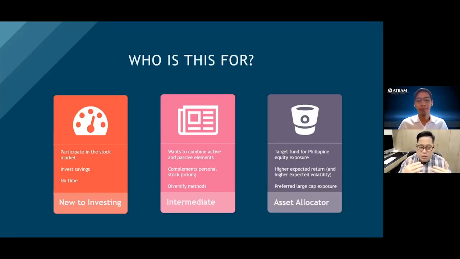But also, if you want exposure to the index, but you want it to perform a little better, and not much, and you're saying the limitation also, you're just limited. I'm sure you're not going to overweight by 4 or 5 times more than the index. So if you want a little more and you still want to be protected by the limitations of the index, then this is perfect for you.